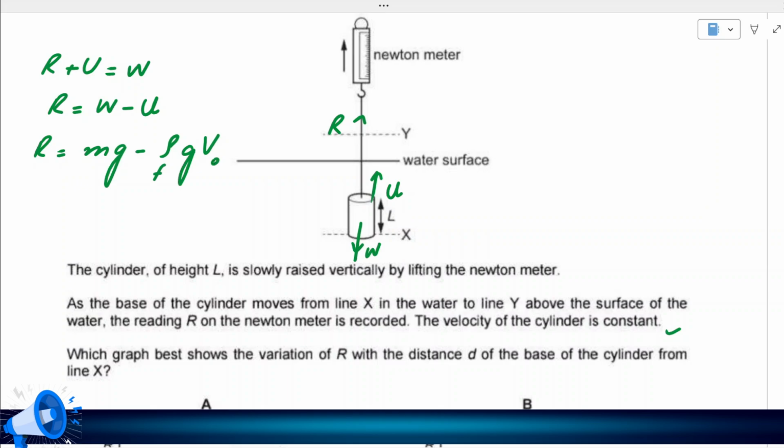V naught represents the volume of the object immersed in the liquid. As long as it's entirely in the liquid, upthrust would remain same. Weight would always be same, upthrust remains same, so the value of R would be constant.